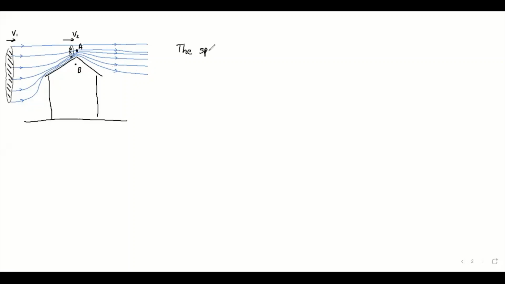the speed of airflow just below the roof is negligible.